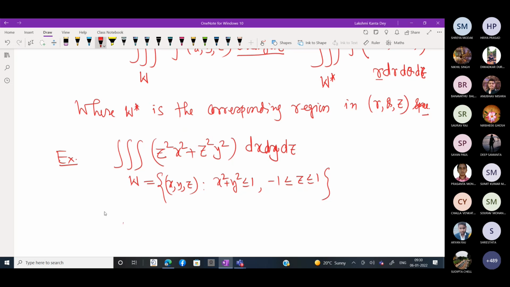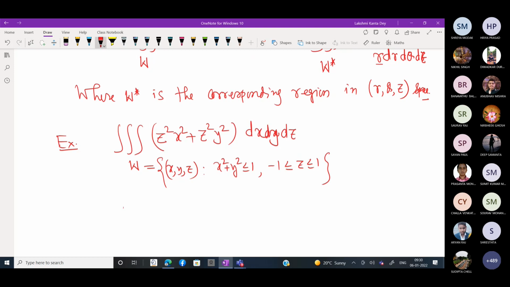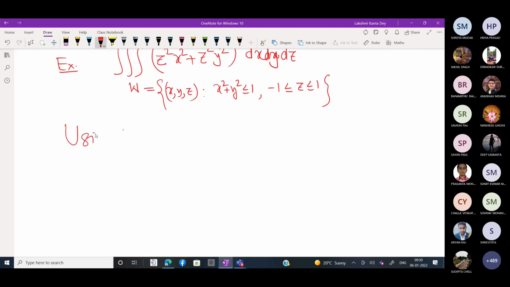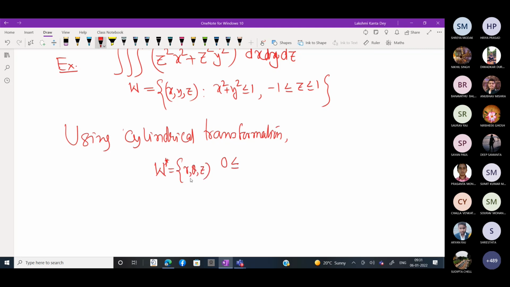What will be here in this case particularly? We like to use the cylindrical transformation. What we will get is W star, that is R comma theta comma Z, such that R will be 0 to 1.